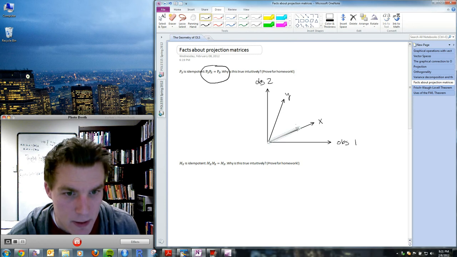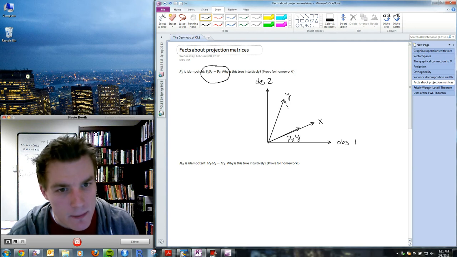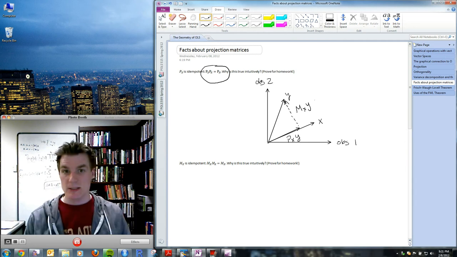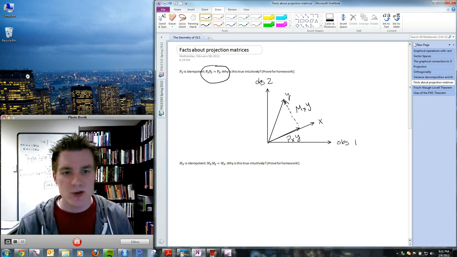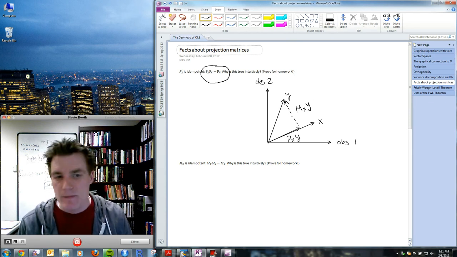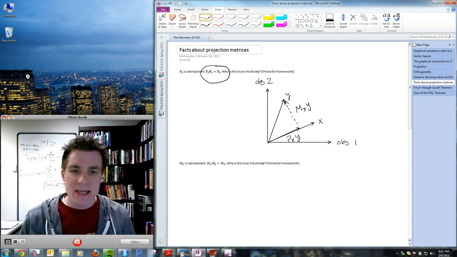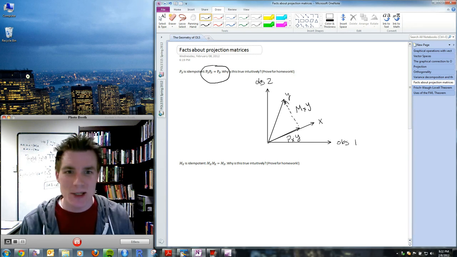So that is the projection Pxy, and that's going to leave me the residual vector here, Mxy, like so. Now, what would happen if I tried to take Pxy and project it onto x?